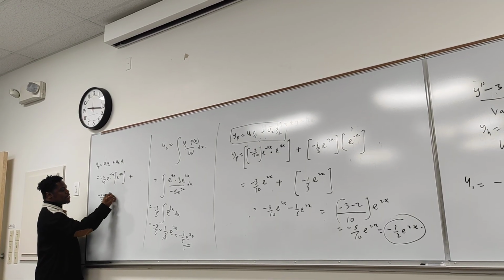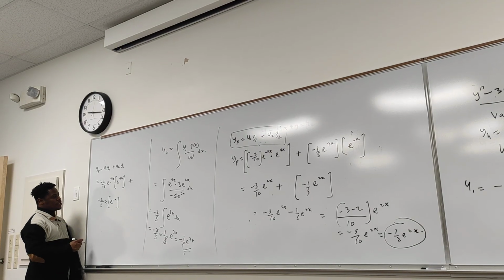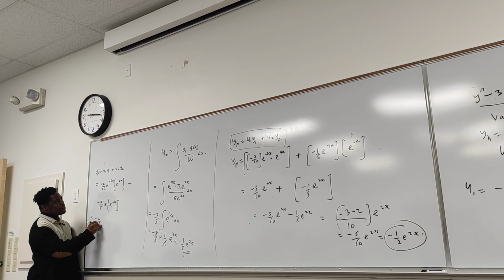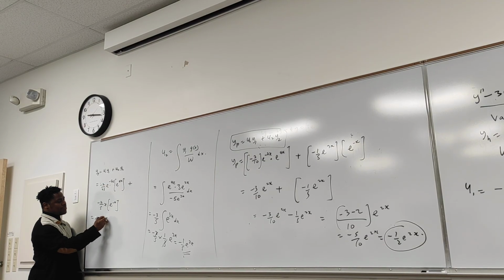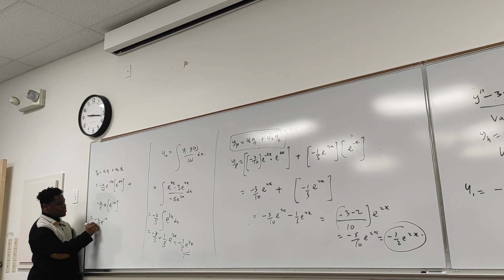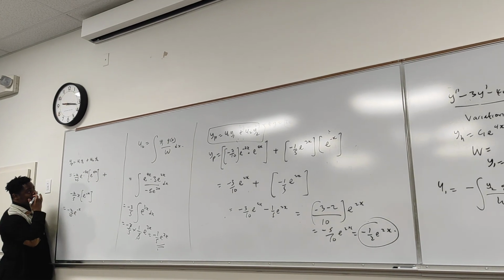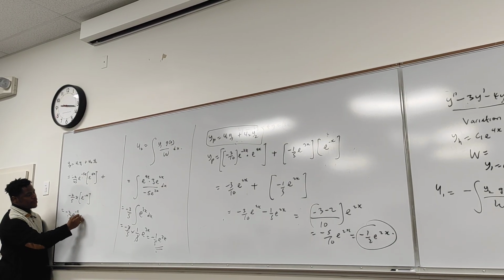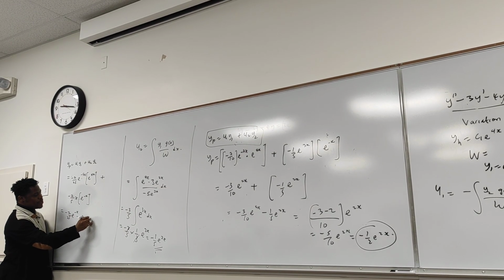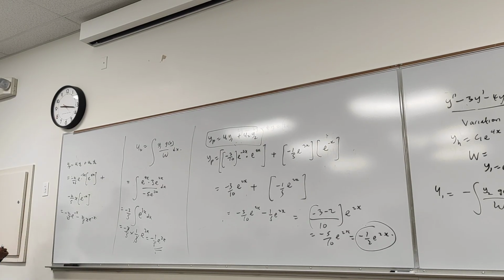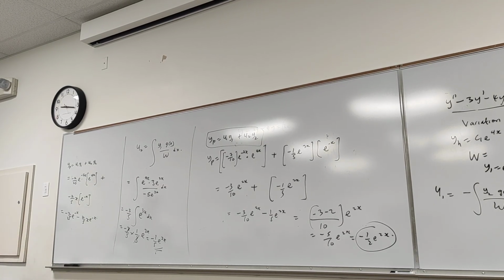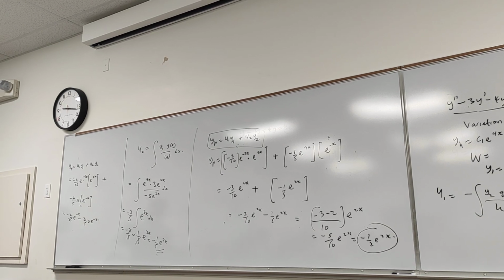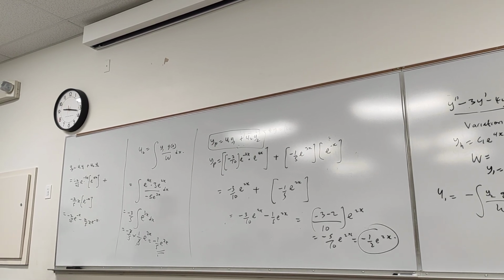Our y2 is exponential negative x. That's what we got. So that becomes negative 2 over 25 exponential negative x. Minus 5 plus 4 is minus 1. So then minus 2 over 5x exponential minus x. Right? Is that what you got? Am I missing something? Put up your hand if you got this.